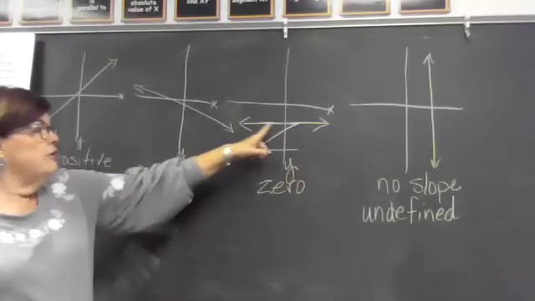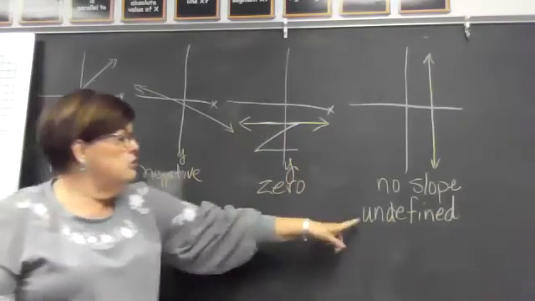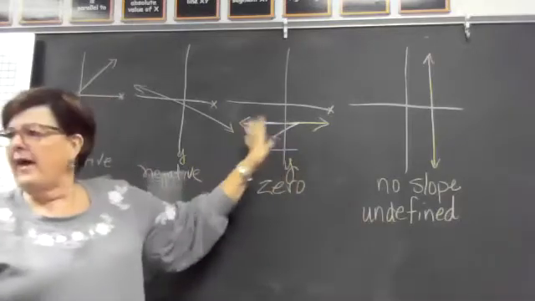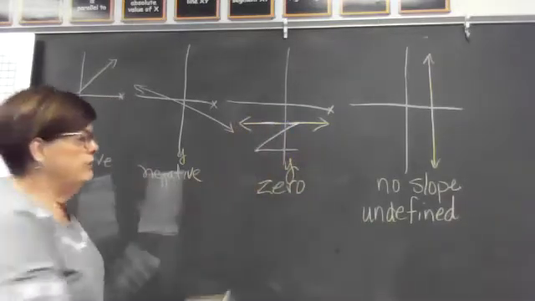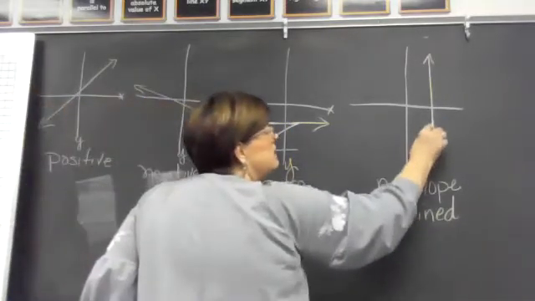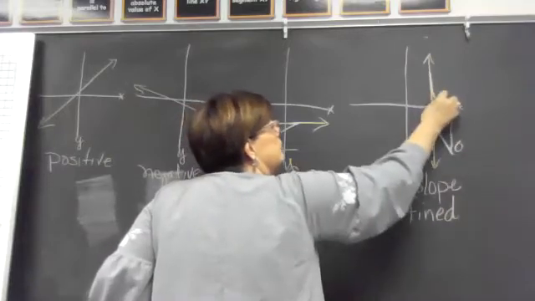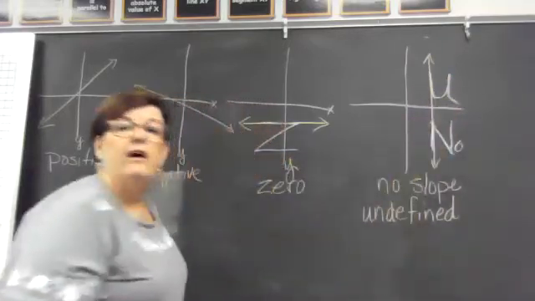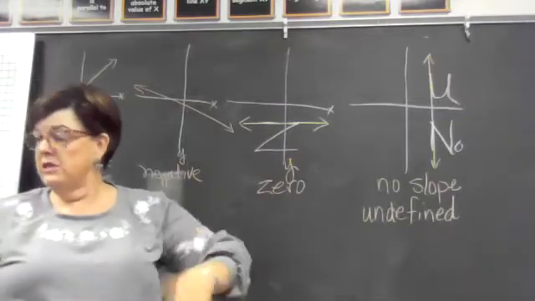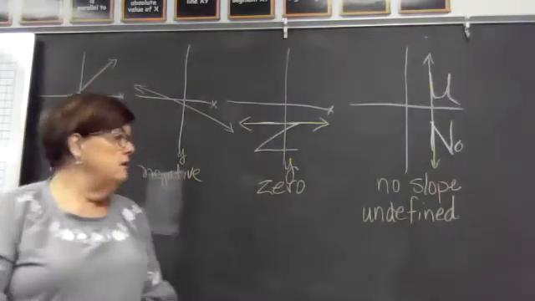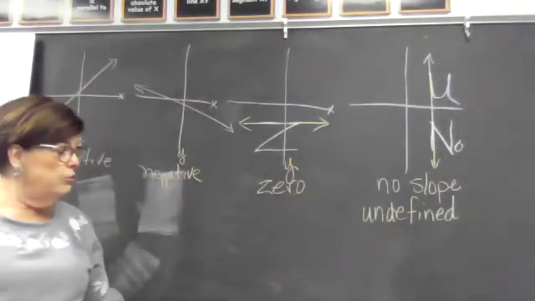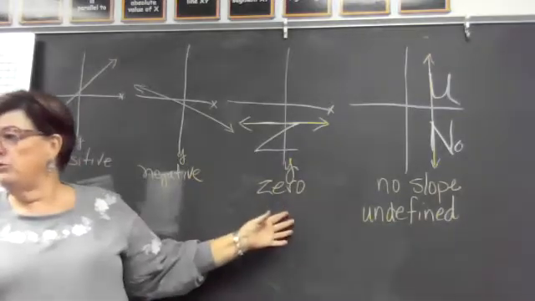I can't start a U or an N with that line, do you see? And over here, I can start the letter N with this, or even a U. So that's how I learned to keep them straight. There's an undefined slope and a 0 slope.